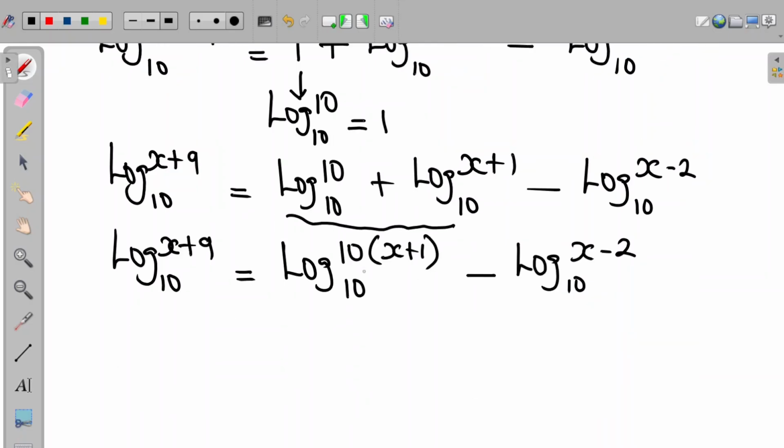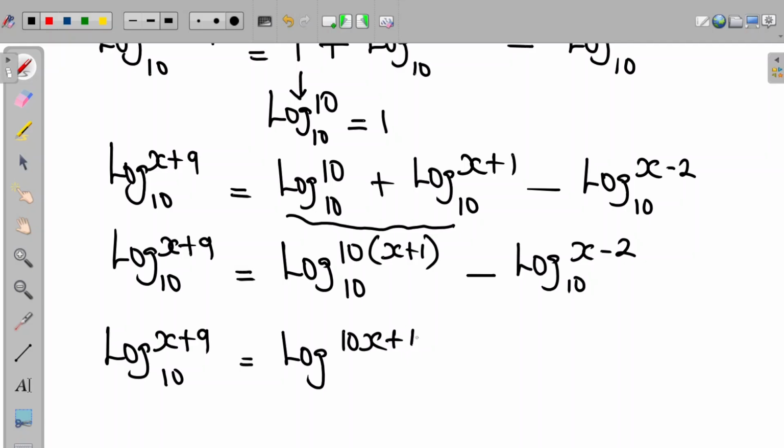Now we will multiply everything in the bracket by 10. So we have that this is log(x + 9) in base 10 equal to log of 10 times x is 10x, 10 times 1 is 10, enclosed in a bracket in base 10, minus log(x - 2) all in base 10.